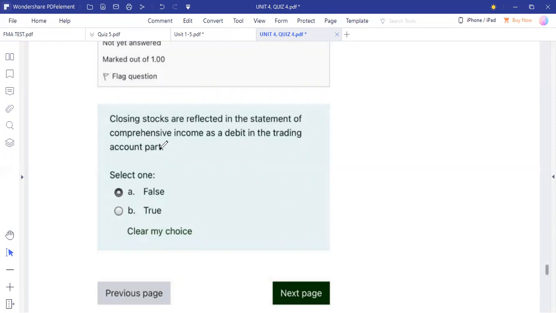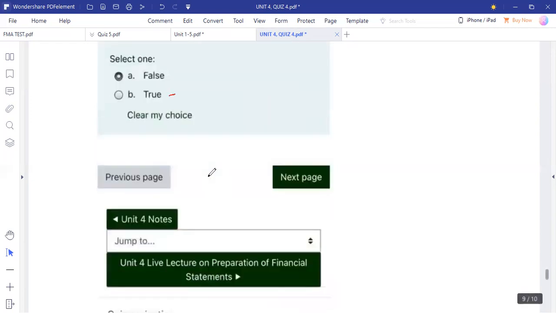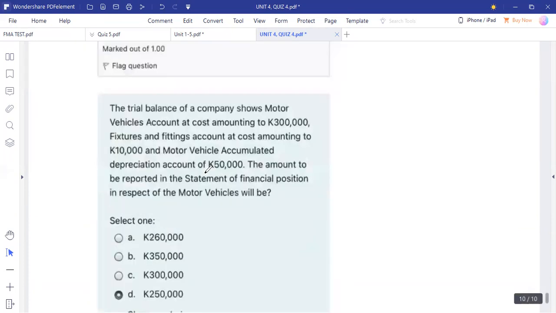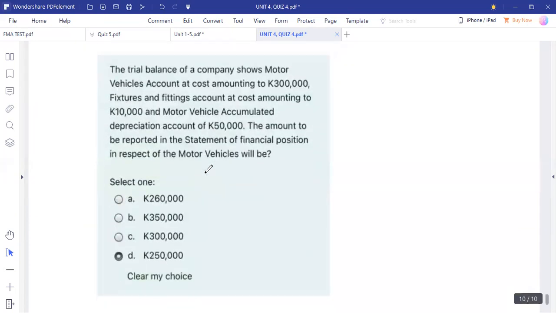Closing stock, is it true? Yes, it is supposed to be true here, because it is an asset. Assets have a debit balance.